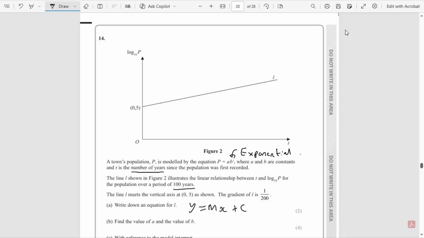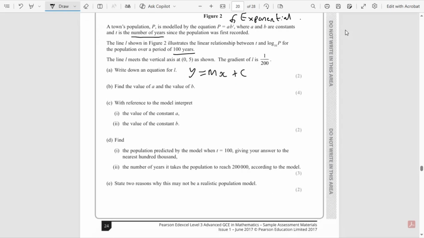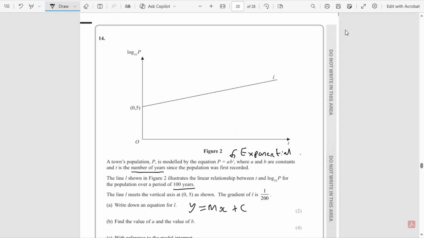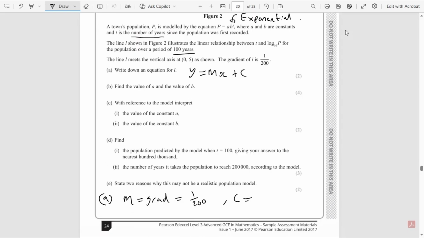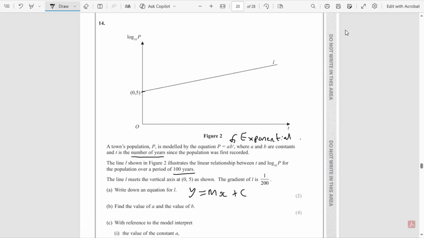Now, we know the gradient is m. So let's just write this down here. So for part A, the gradient is m, and we're told the gradient in the question is 1 over 200. So that's quite obvious. Now, the y-intercept of the graph is clearly the plus c, and in this case, it's 5 there. So the plus c is 5. Now, the y is the y-axis variable, and the y-axis variable here is log base 10 of p, and the x-axis variable is time.